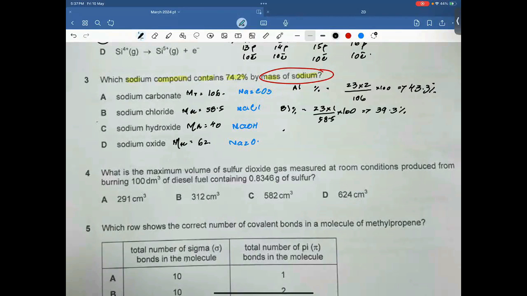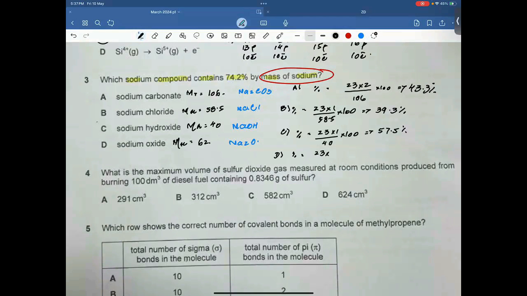Okay. Option C. The AR of sodium is 23 and the number of atoms in NaOH is 1, so 23 times 1 divided by the MR, which is 40, times 100. So it's going to be 57.5%. And last but not the least, option D. The AR of sodium is 23.